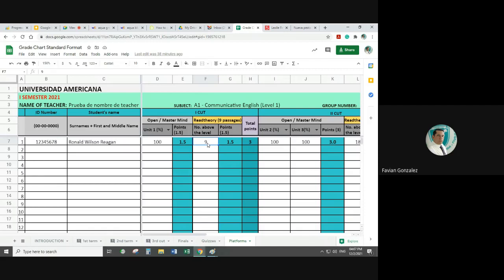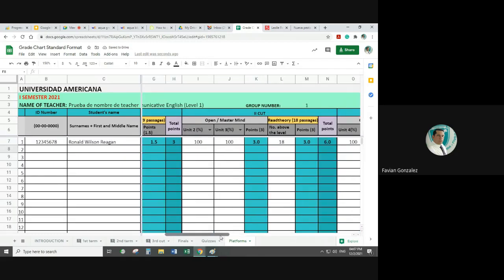On the other hand, if the student reads fewer passages above the level, let's say 5, as you can see, the student is not going to get the maximum score, but absolutely less than that. So 9 passages.